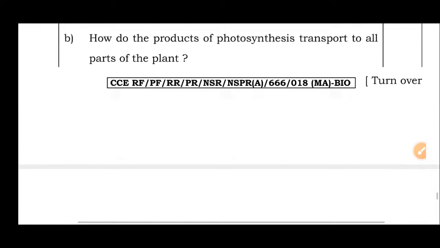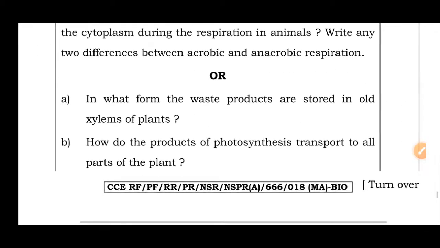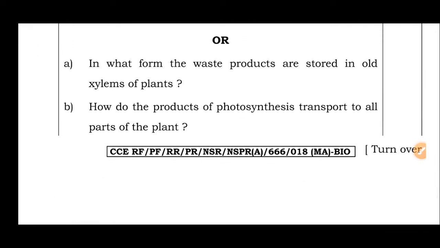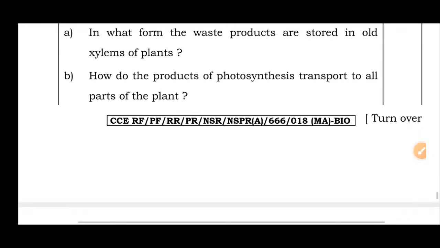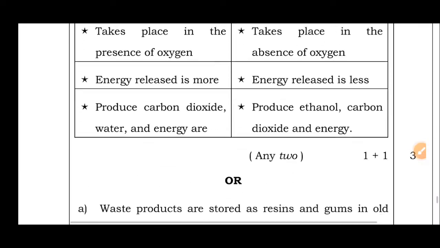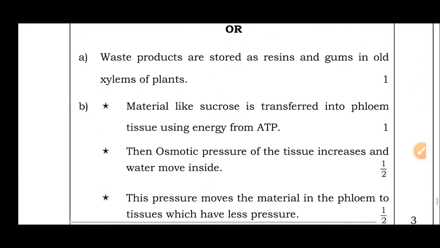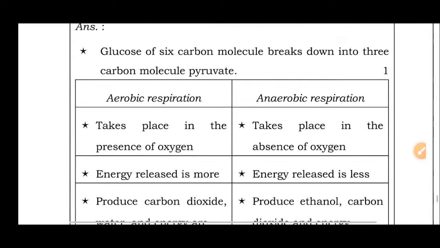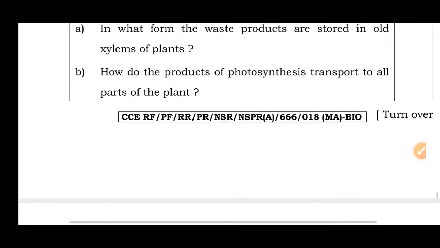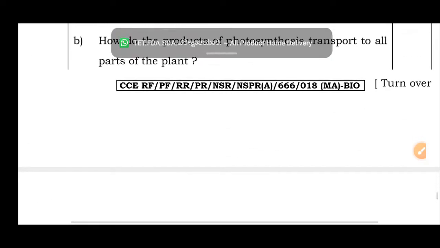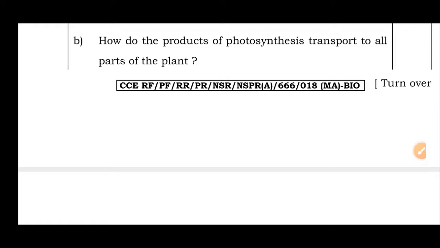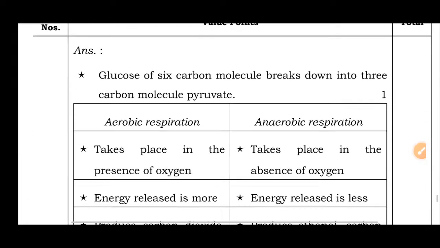For this question, another one they asked. In what form are the waste products stored in old xylem of plants? Waste products are stored as resin or gums in old xylem. Then B question: how do the products of photosynthesis transport to all parts of the plant?